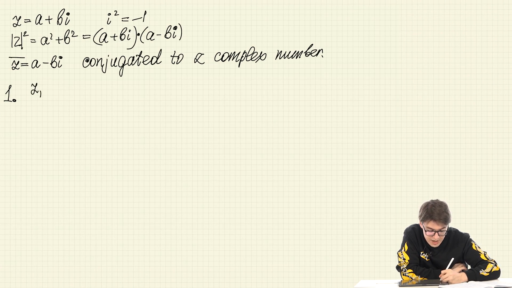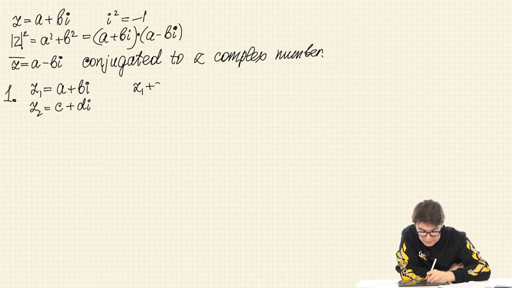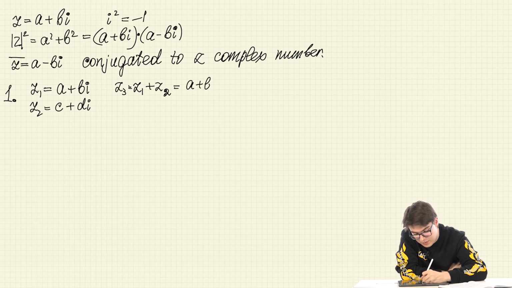If we have two numbers, z1 = a plus b times the complex unit, and z2 = c plus d, then their sum z3 is written in this way.